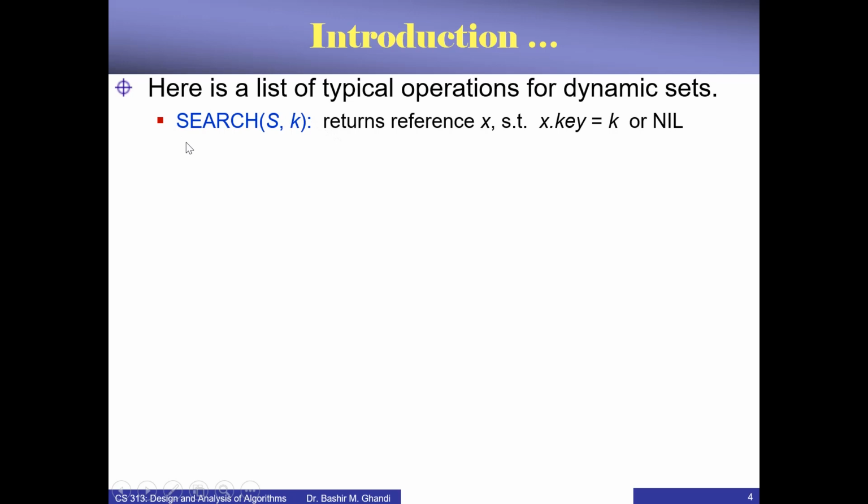The search method is supposed to return the reference, call it x, inside the dynamic set, such that x.key is equal to the target key we are looking for. Or in case the key k is not found, it will return nil. Alright, this is normally how search works.